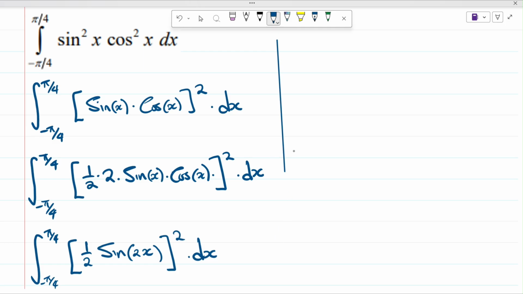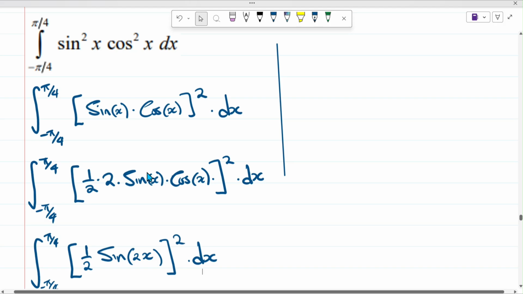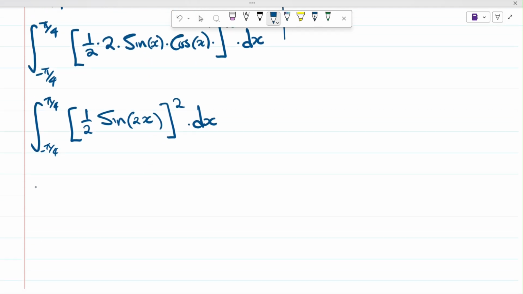Before I write the other way, let me continue with this so that it makes sense what I'm trying to do. When we apply the squared here, we'll end up having 1 over 4 sine squared of 2x, dx.